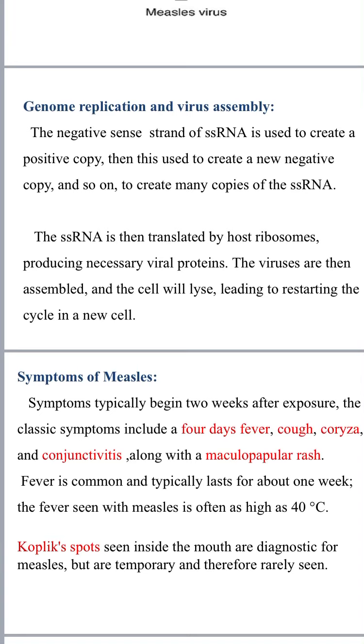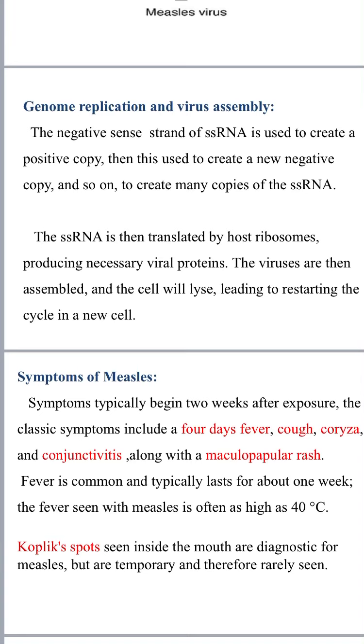Symptoms of this infection. Symptoms typically begin 2 weeks after exposure to the virus. The classic symptoms include fever, cough, coryza, conjunctivitis, and also maculopapular rash.